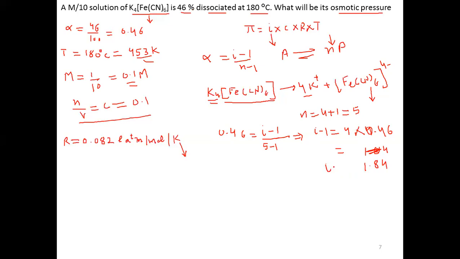So iota minus 1 is equal to 1.84, so iota is equal to 2.84. So this is the value of iota.